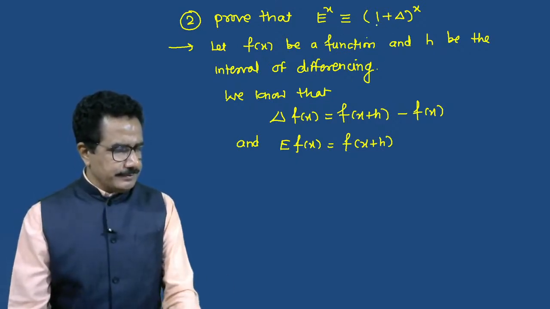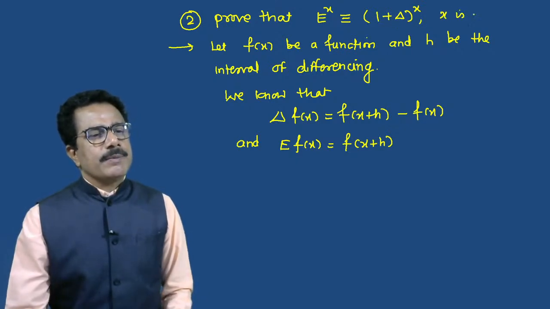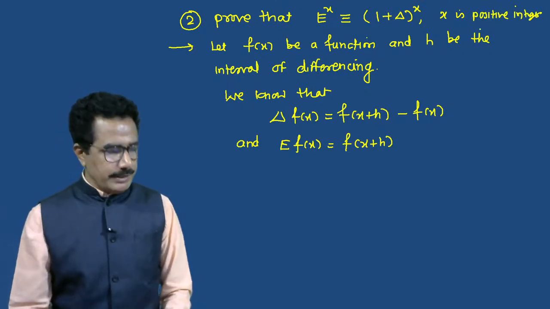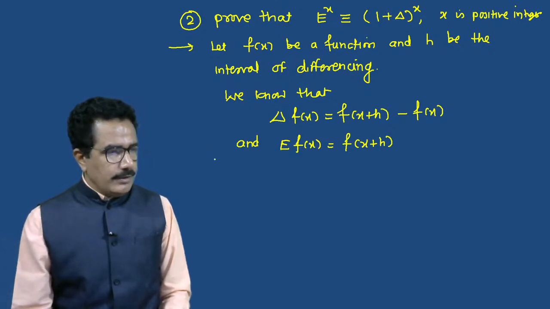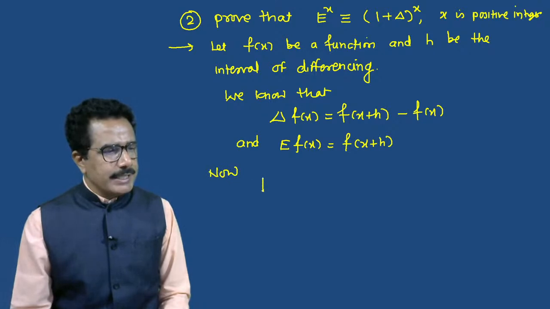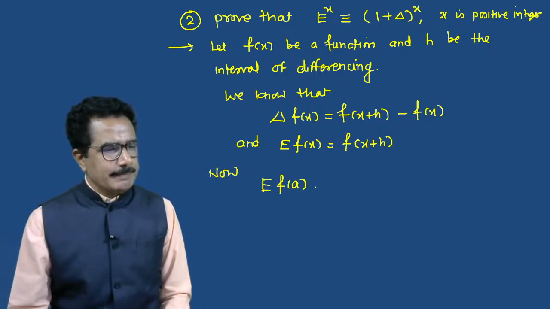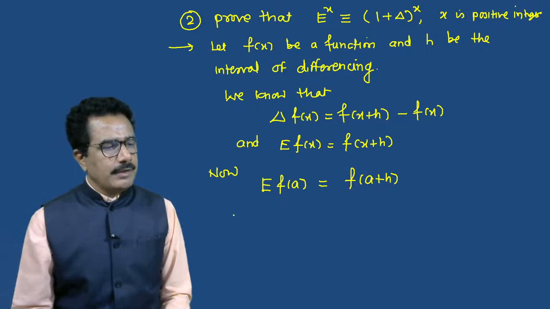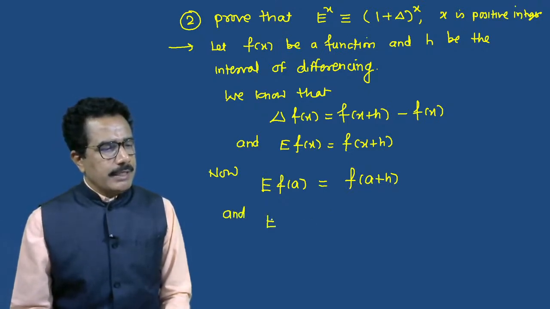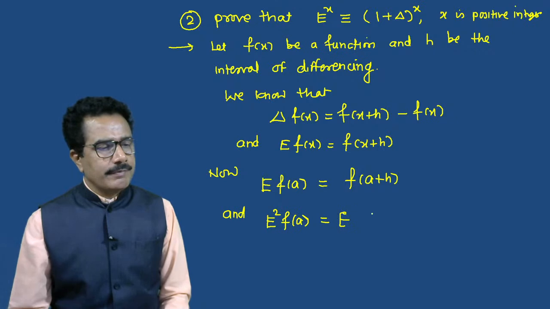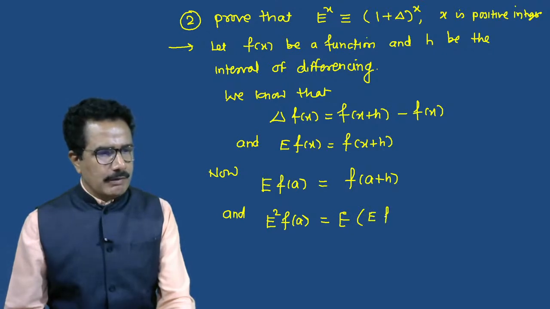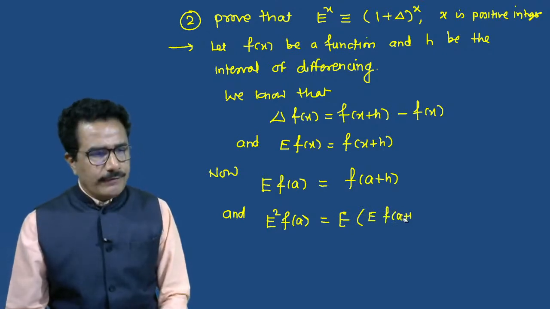Here x is a positive integer. Now we can write E of f of a, which is equal to f of a plus h, and E square of f of a, which is equal to E of E of f of a.